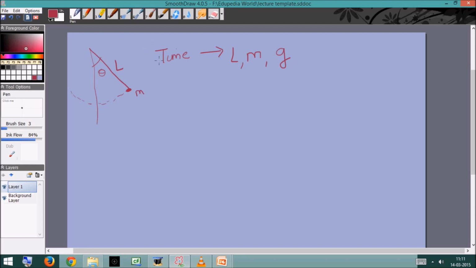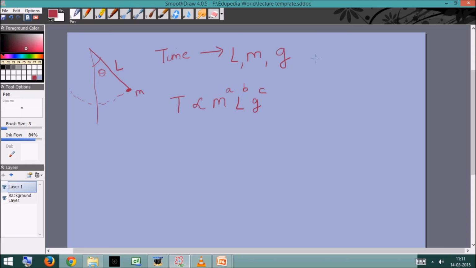So we know that the time depends on the length, the mass, and the acceleration due to gravity, and we want to find out the formula. So what we do is we assume that the time is proportional to m to the power a, l to the power b, g to the power c. If the dependence indeed is of product type, then for different values of a, b, and c, we can satisfy this formula.